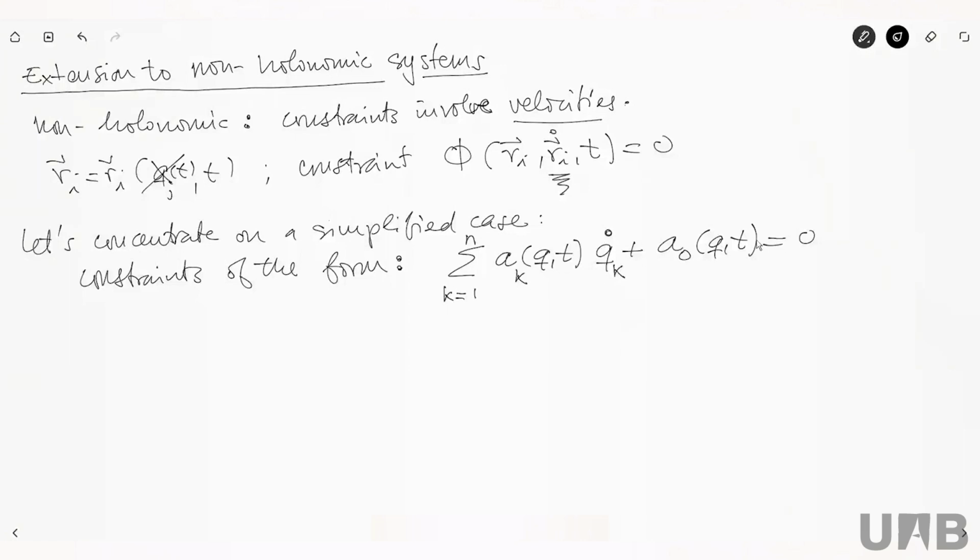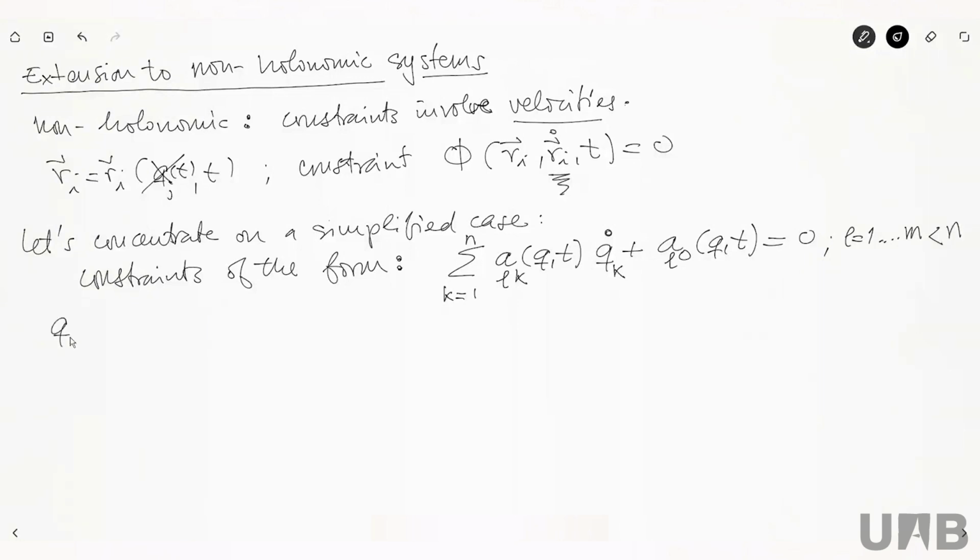But I can have more than one constraint. I could have one of these conditions, or I could have 25 of these conditions. So this is going to be another index L that I'm going to put here. And L is going to go from 1 to m. And m is going to be smaller than n.